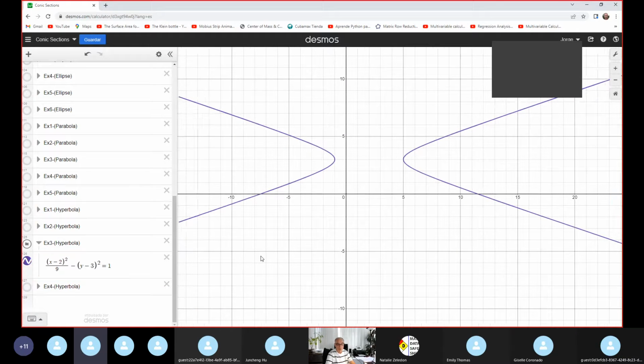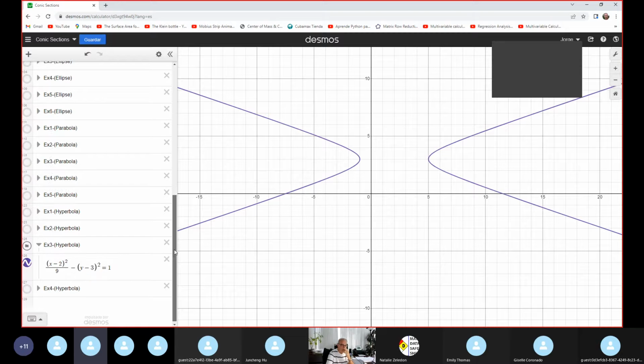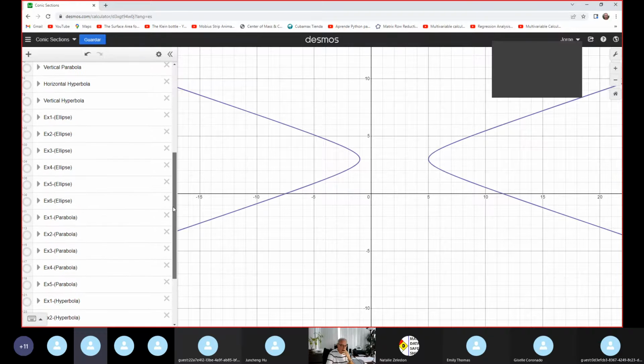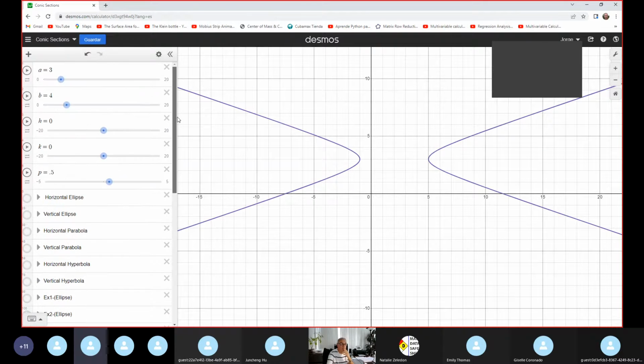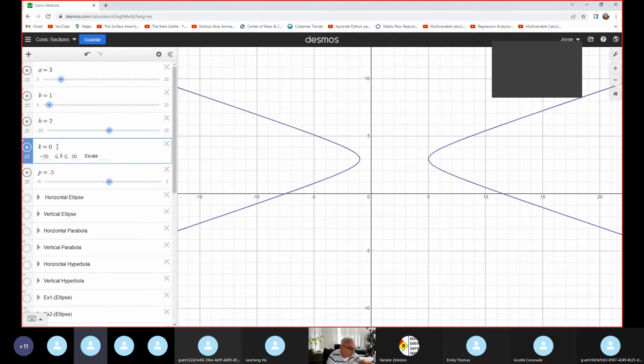Okay, nice. This is the center, maybe (2,3). Makes sense here. Remember to fix your copy and check it. Now we have a is 3 and b is 4. h is 2 and k is 3.